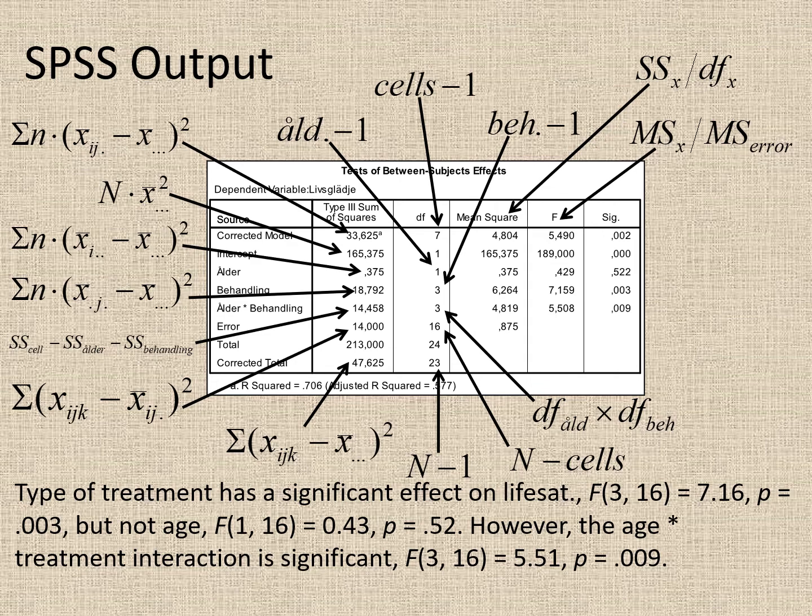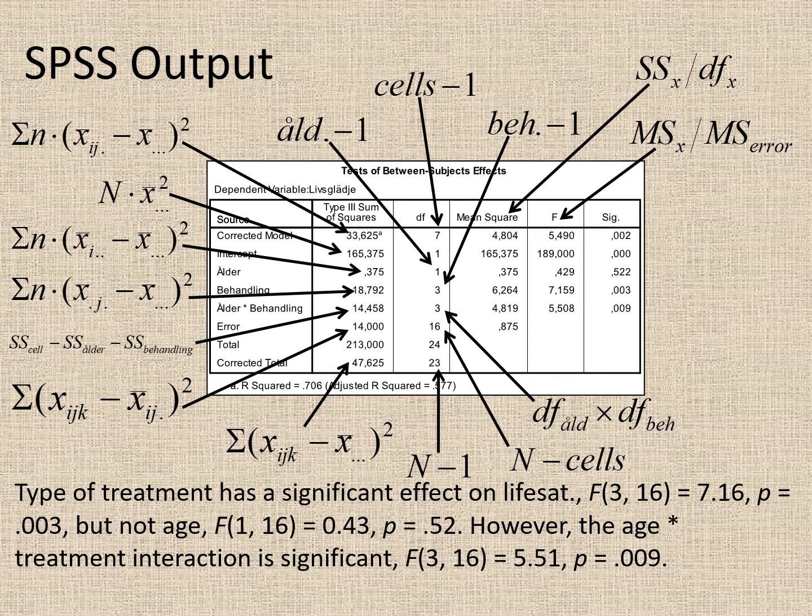Okay. We have error degrees of freedom, 16. That equals total number of individuals minus number of cells. In this case, 16. We could imagine like this.